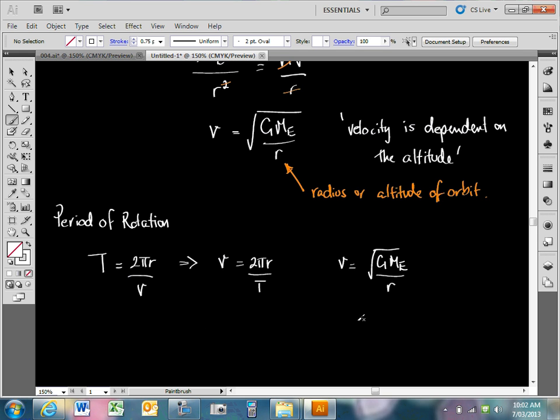So from that I can say v squared equals G M_E, M sub E that is, on R. And v squared is also equal to, from this, v squared equals 4 times pi squared R squared over T squared.